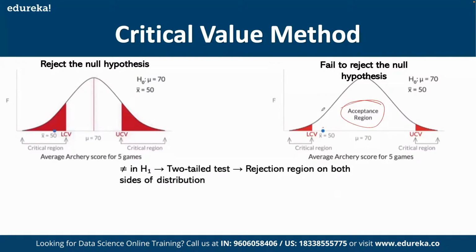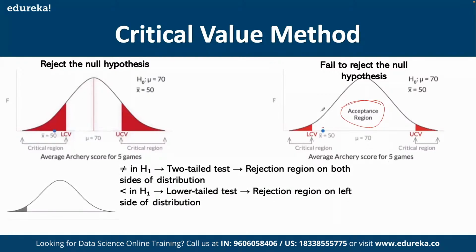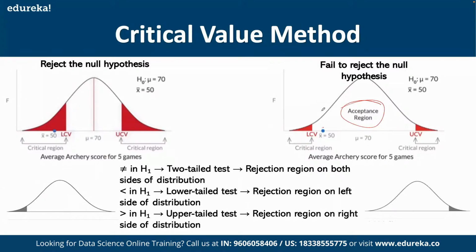If I've got any value which appears in that red region, that's a region where we would reject the null hypothesis and follow the alternate hypothesis. That's the overall idea in this scenario.